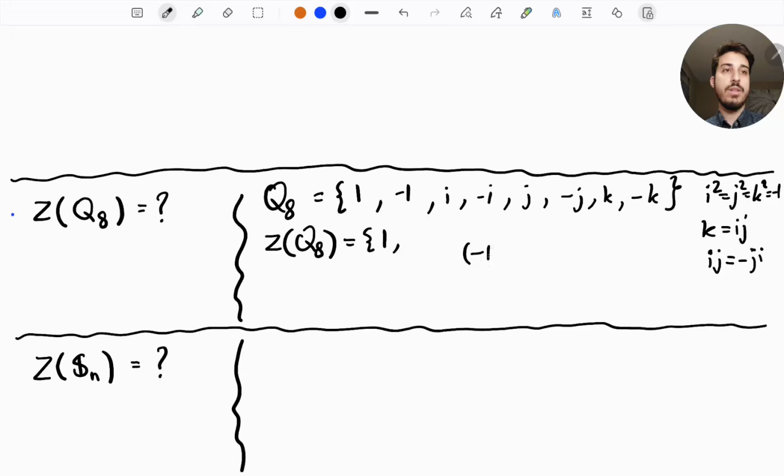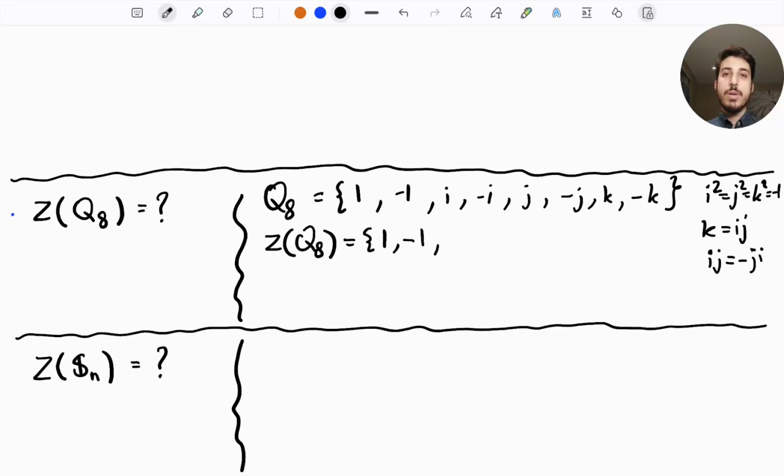So minus 1 times i is equal to i times minus 1, which is equal to minus i. And you can just experiment with that with any of the other elements to get the same result. So we can add minus 1 to the center of Q8. Minus 1 commutes with all of the elements of Q8, therefore minus 1 is an element of the center.